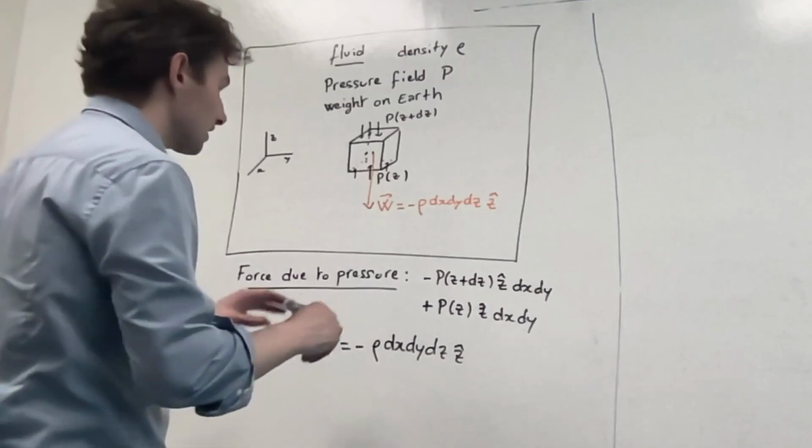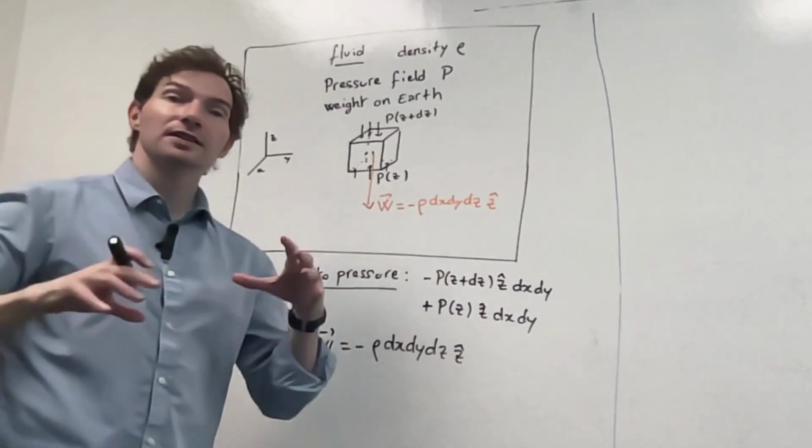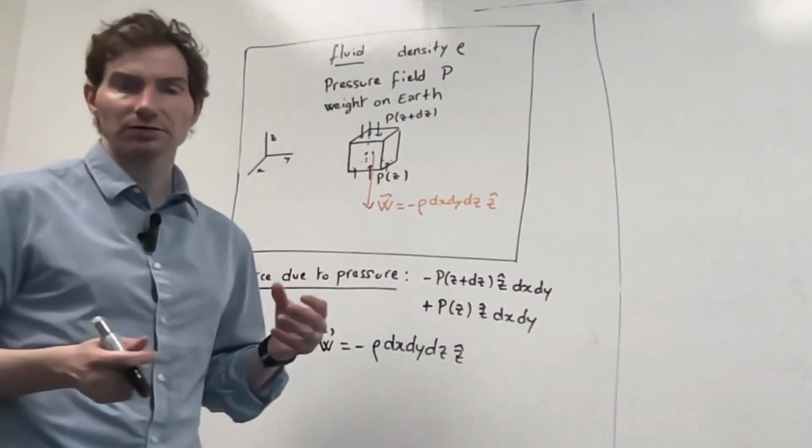So this is a list of forces that I can catalog, if you will, and I'm assuming that there are no other forces that somehow I'm not seeing, etc. Okay.